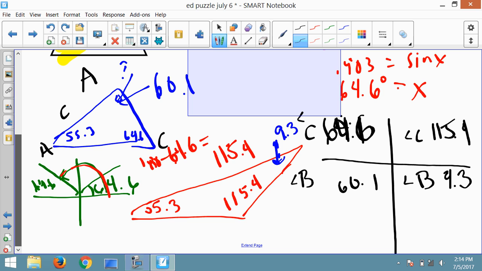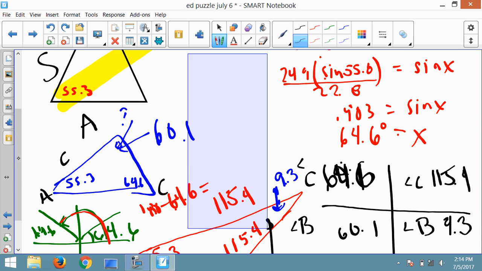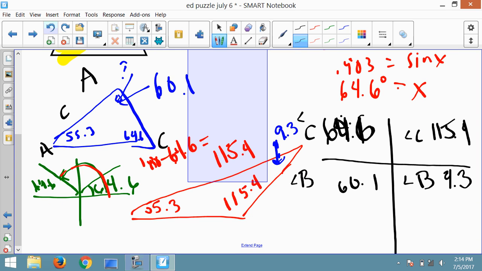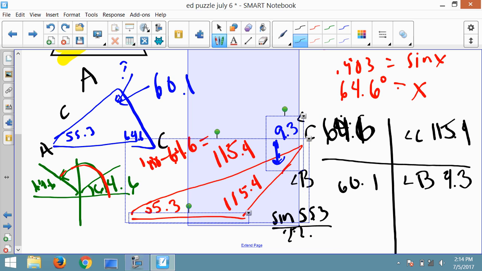So side B in the first case is going to form the relationship of the sine of 55.3 over 22.8 equals the sine of 60.1 over x.